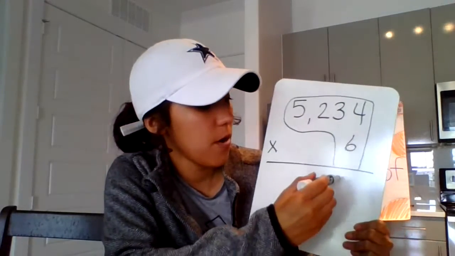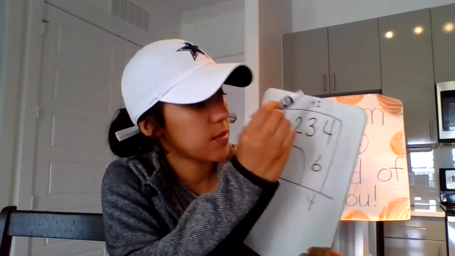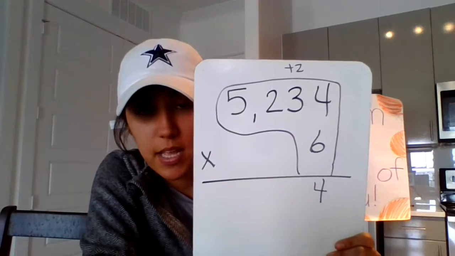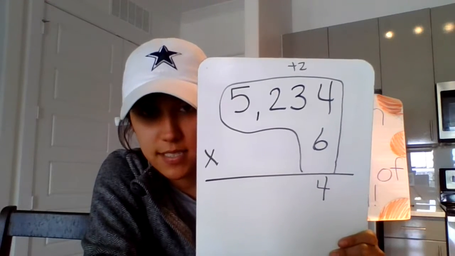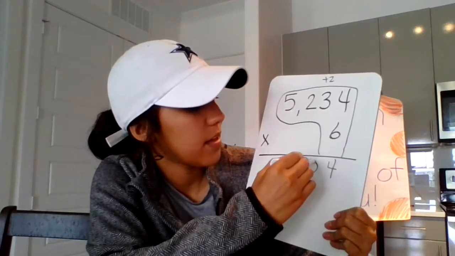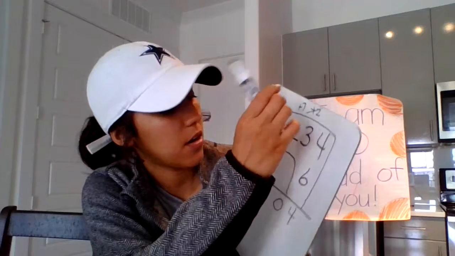So 6 times 4 equals 24. Drop the 4, carry the 2 onto the next place value. 6 times 3 equals 18 plus 2, 20. Drop the 0, carry the 1 on over.